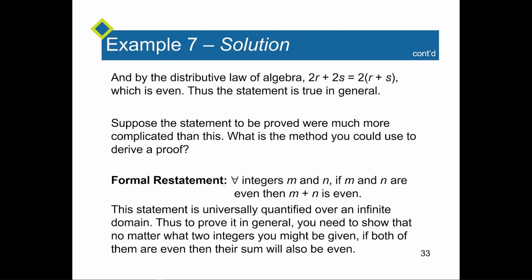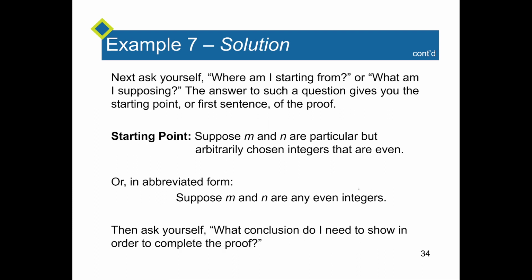This is one of the most important statements right here. Then we can start by saying, suppose m and n are particular but arbitrarily chosen integers that are even. From that, we can use the definitions and some logic and then prove it.